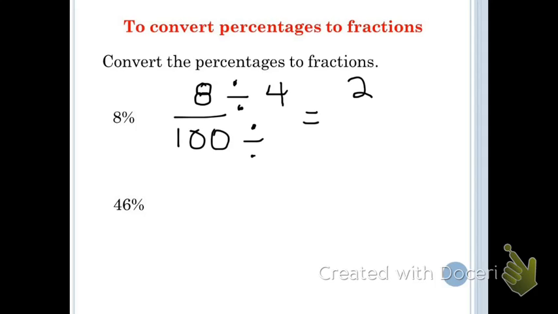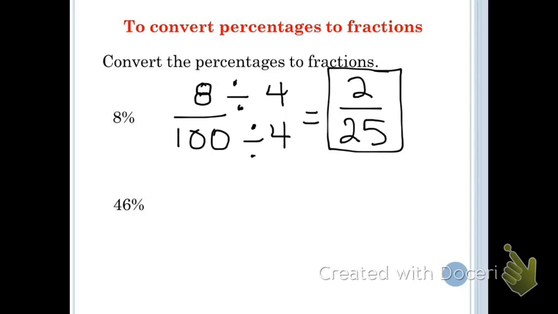Convert the percentages to fractions. 8%. Drop the percentage sign and write 8 over 100. And now to simplify this, we'll divide the numerator and the denominator by 4. 8 divided by 4 is 2. 100 divided by 4 is 25. 8% is equal to 2/25.